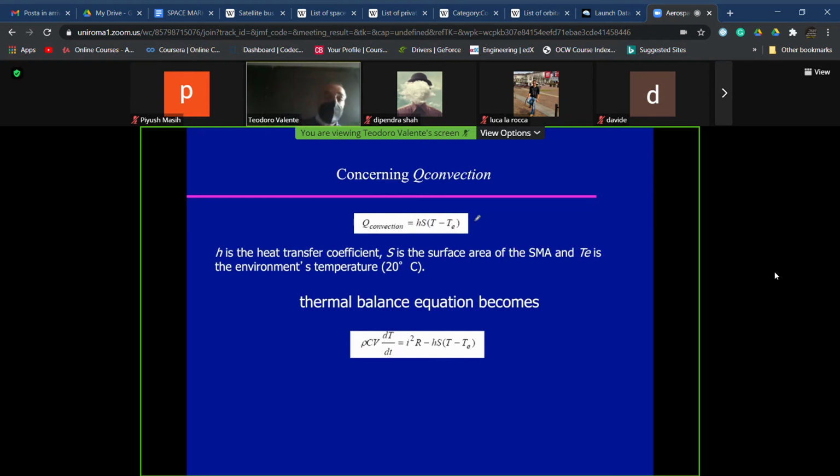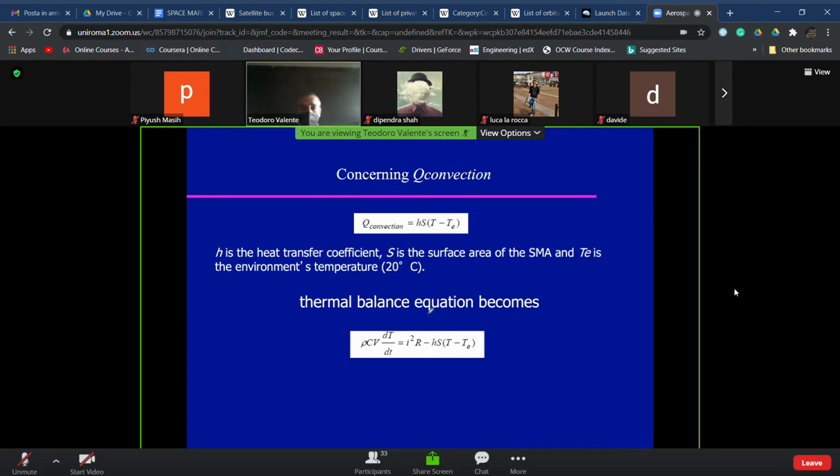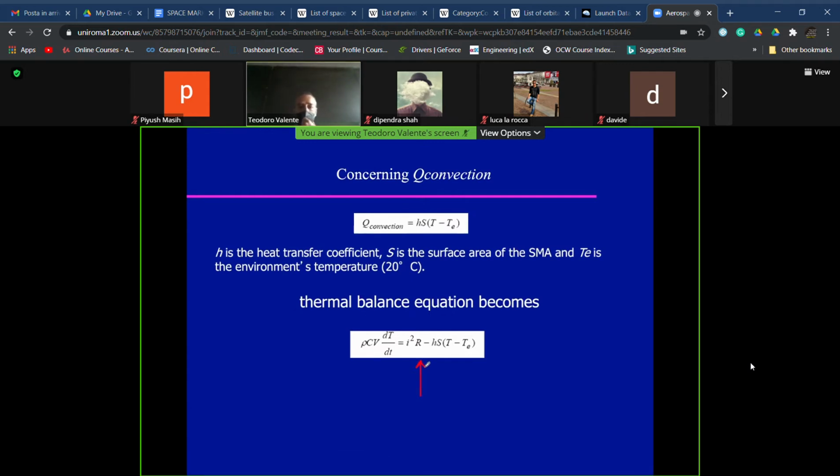So our general equation in terms of thermal balance becomes quite simple, because it becomes this one, where we have the given power and where we have the losses by convection. So in this case, we need to solve this equation.